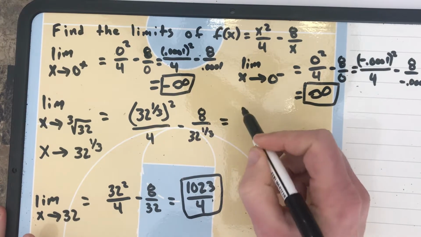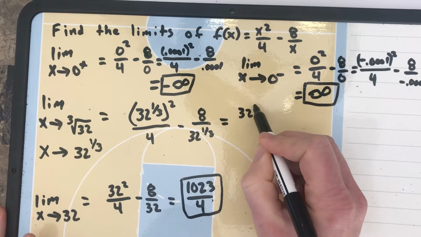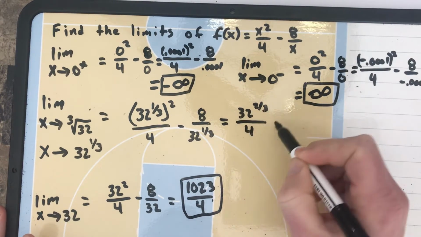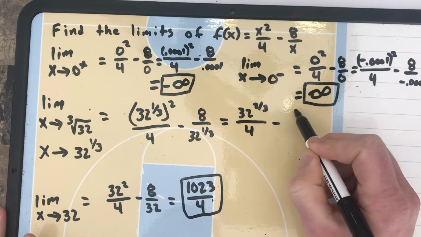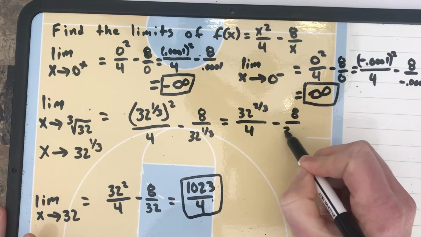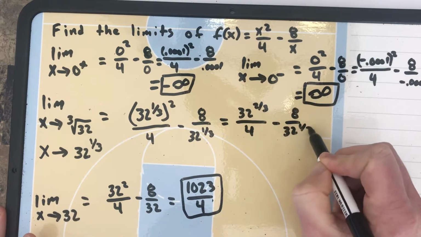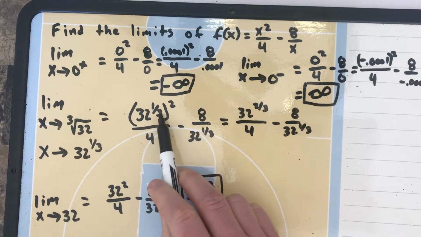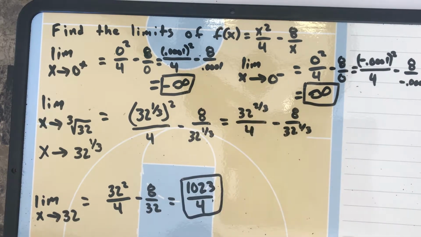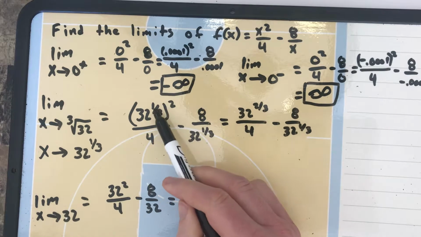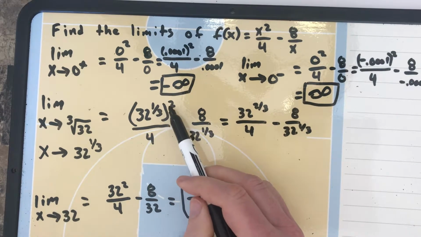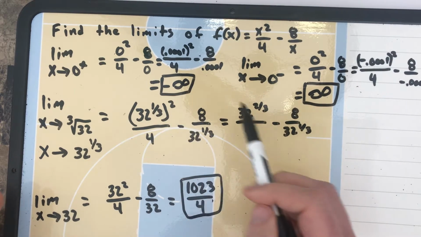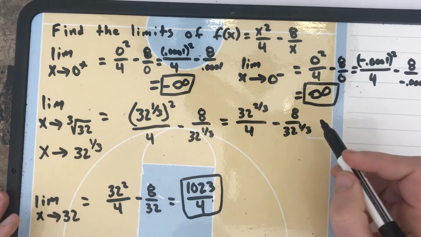That's going to equal 32 to the 2/3 over 4 minus 8 over 32 to the 1/3. Using the power property, we take 1/3 times 2, and that gives us the 2/3. That's how I got that.